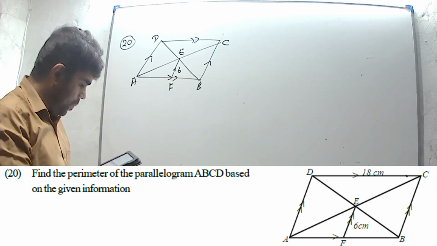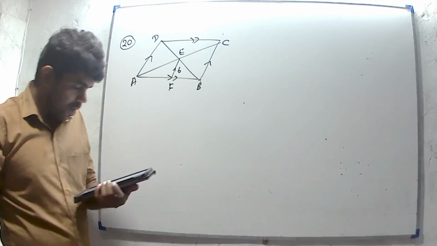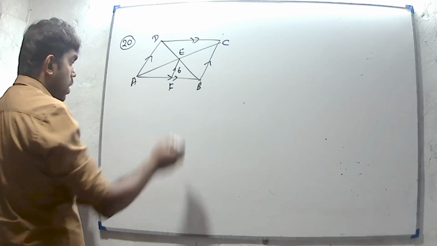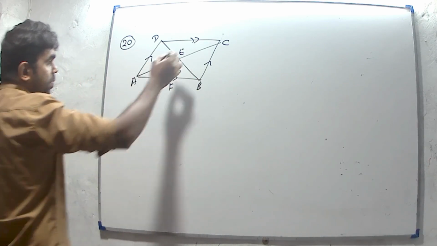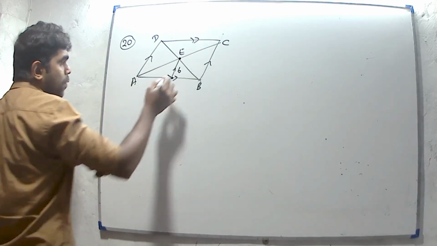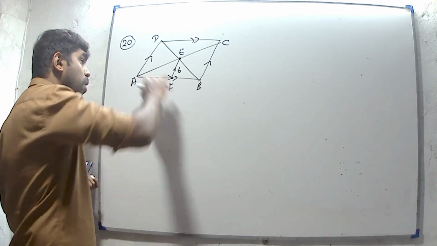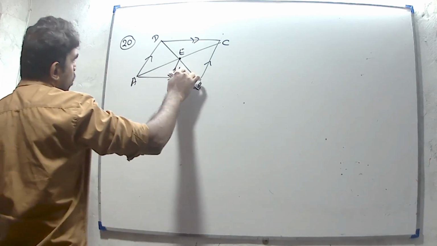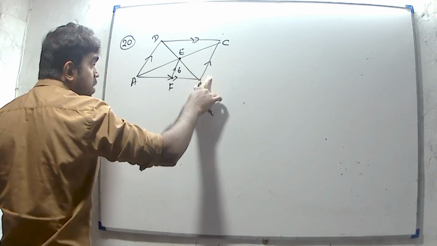Question number 20. Find the perimeter of parallelogram ABCD based on the given information. We know that this is the midpoint of this side and this one is the midpoint of the AC side. Therefore, the EF line joins the two midpoints of this side and this side. According to the midpoint theorem, its length is half of the length of the third side of the triangle, BC.